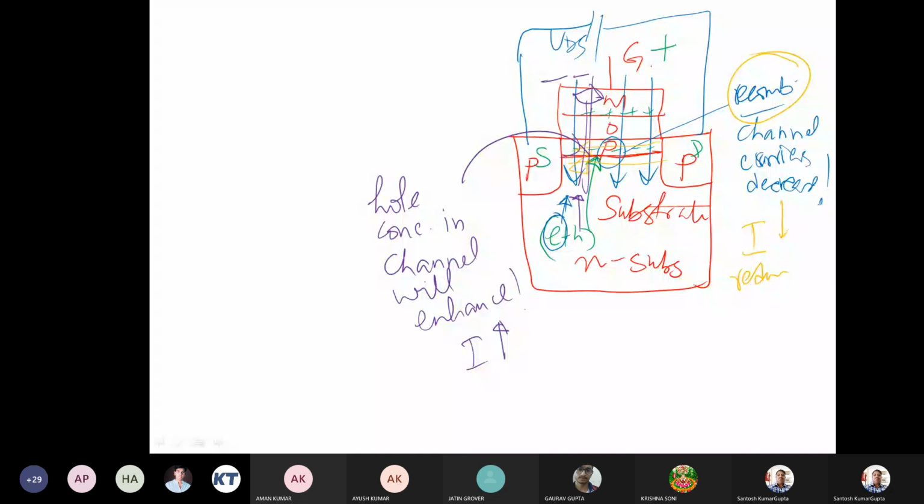Just the opposite is happening compared to the N channel. That's the basic difference.